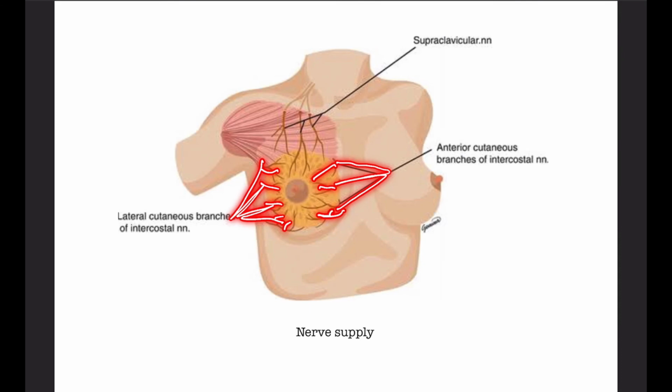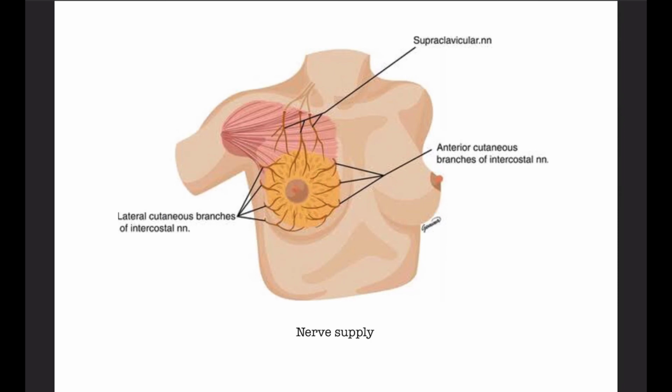These nerves provide sensory innervation to the skin and carry autonomic fibers to the smooth muscle and blood vessels of the breast.